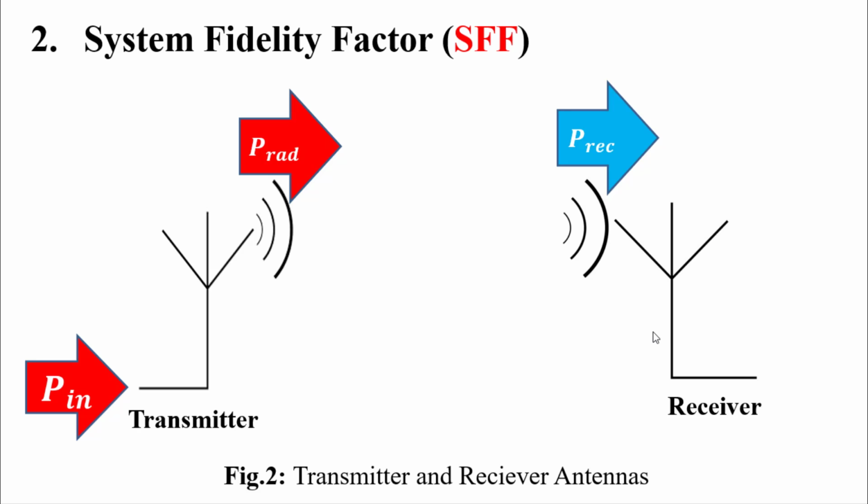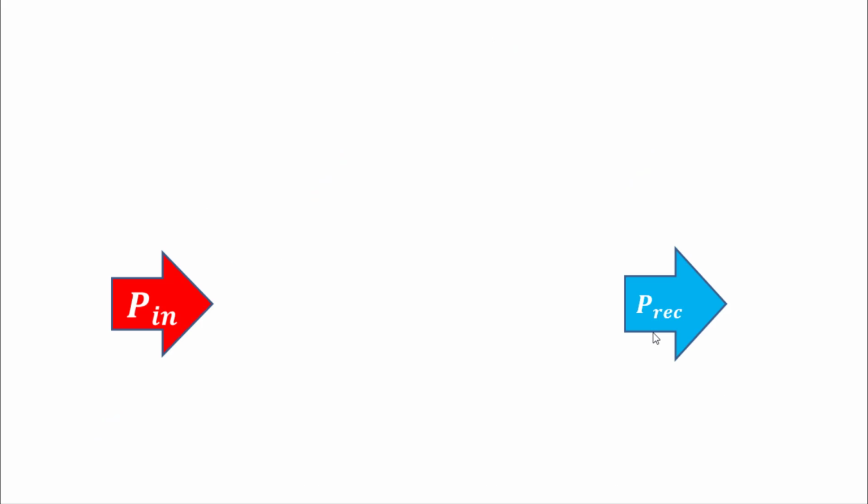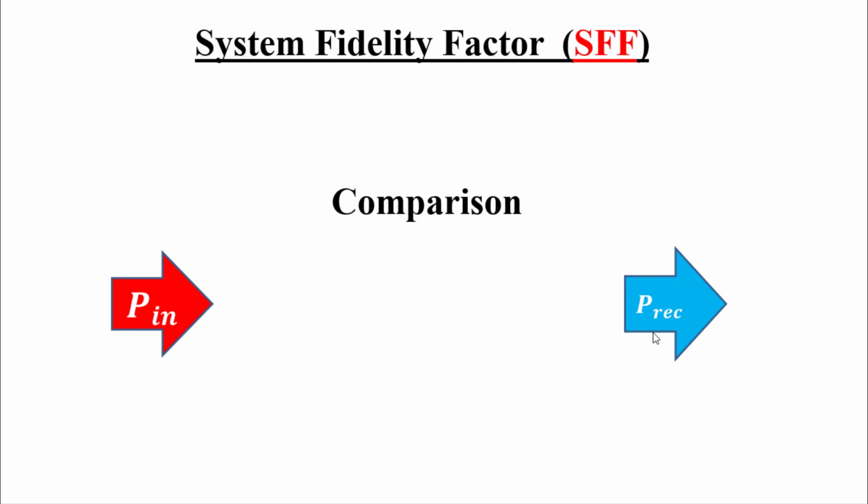Here we can conclude this second part with this schematic. The system fidelity factor SFF is a comparison between P input of our transmitter antenna and P received by the receiver antenna. It is a correlation between P input in the transmitter antenna and P received by our receiver antenna.